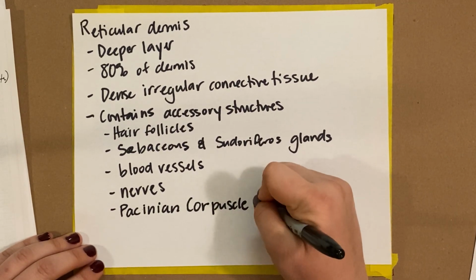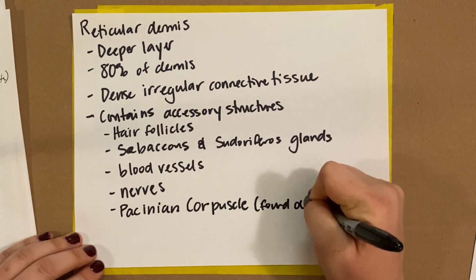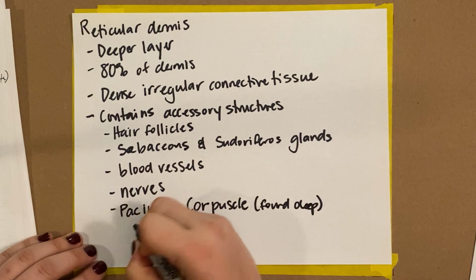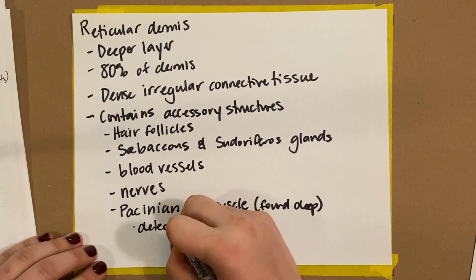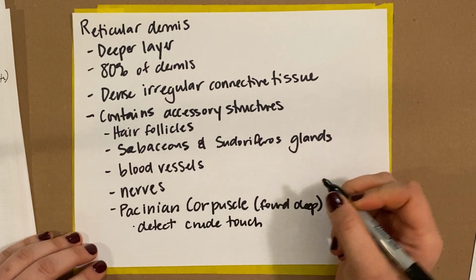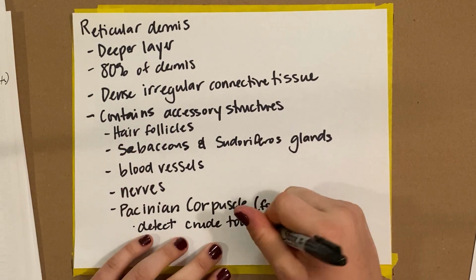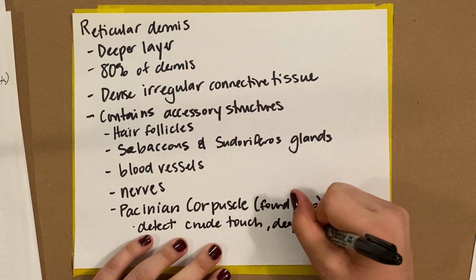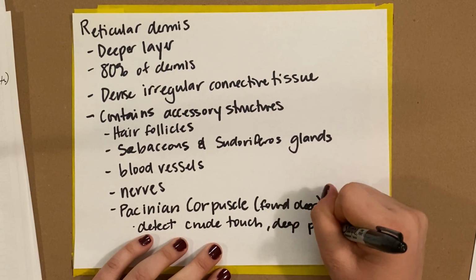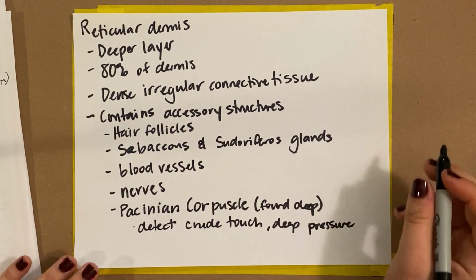Okay, and so these are found in the deep regions. What they do is detect crude touch. What that means is it's not like fine touch. It's basically feeling deep pressure. There will be other nerve endings that are going to be more fine touch.